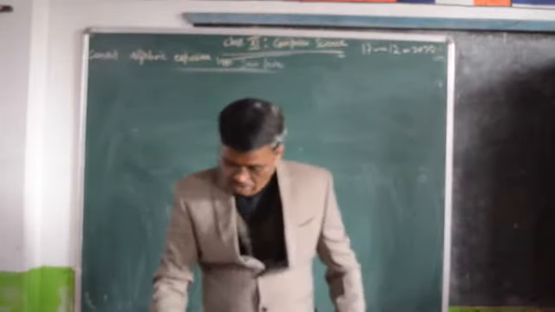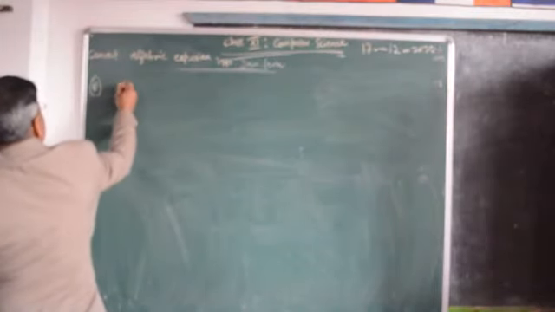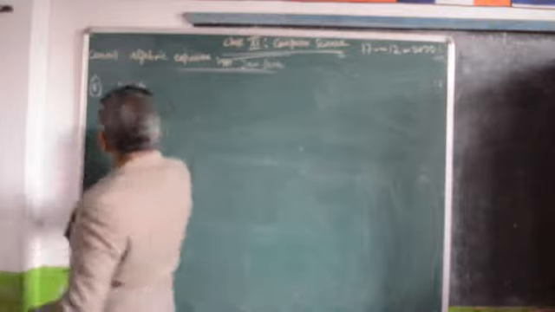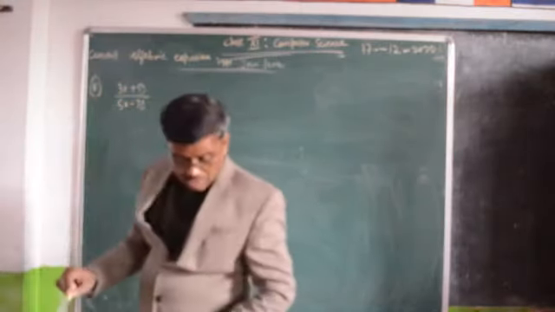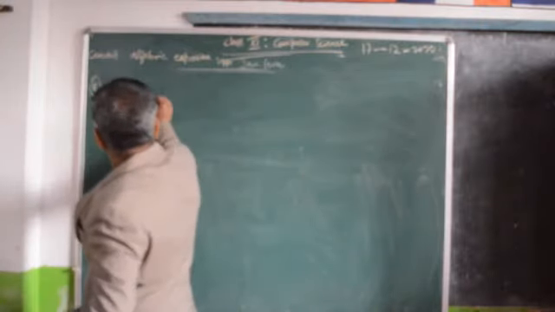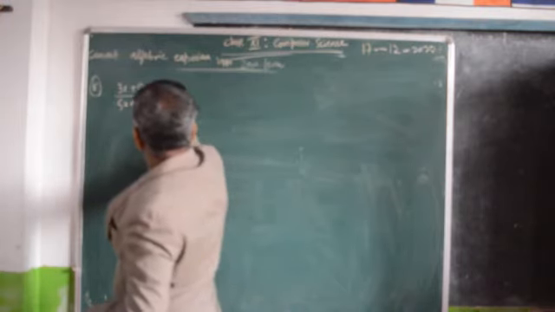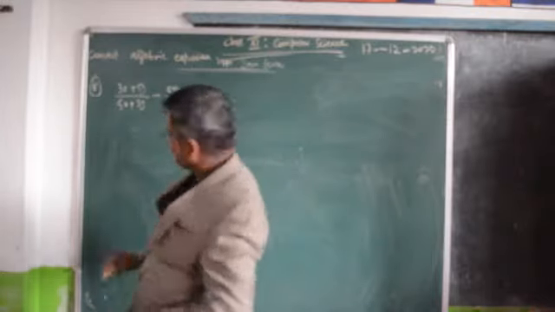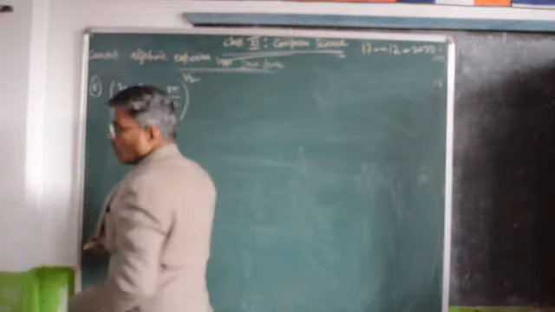What I do is, I will do 3x plus 5y all divided by 5x plus 3y, minus 8xy divided by 2yx, whole raised to the power of 3 by 2.